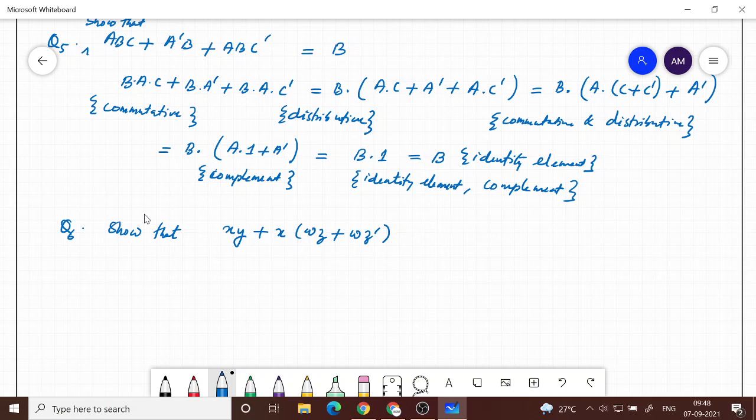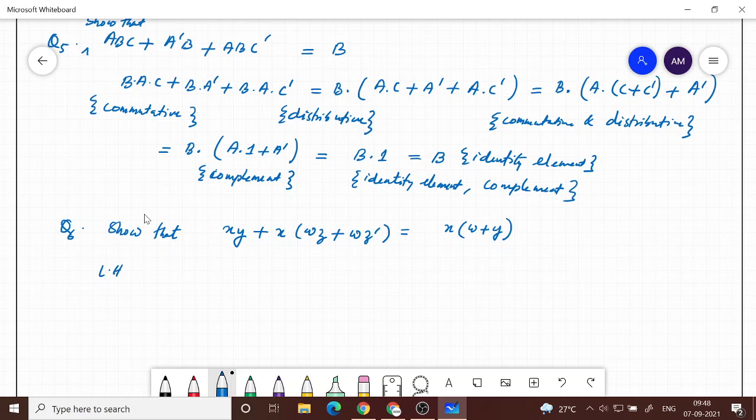So now you should know that even if I don't put dot but write like a product, it implies AND operation. Okay, so show that this is equal to x into w plus y.